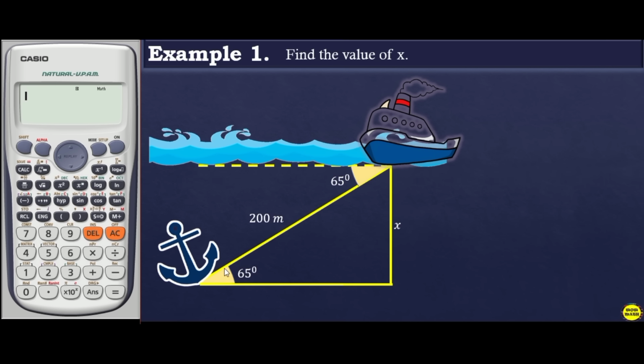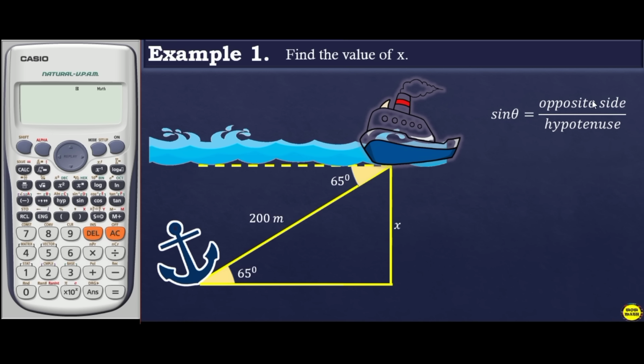Okay? Now, given this angle, anong ratio or trigonometric ratio ang pwede nyong gamitin kapag ang given natin ay yung opposite side at yung hypotenuse? So, opposite and hypotenuse. So, ano pong trigonometric ratio yon? We can make use of the sine ratio. Ano po ito? Diba?